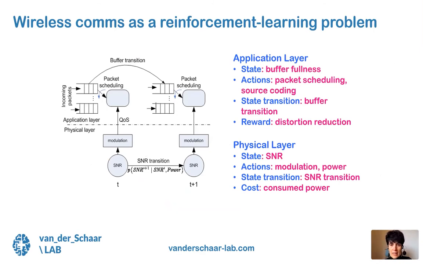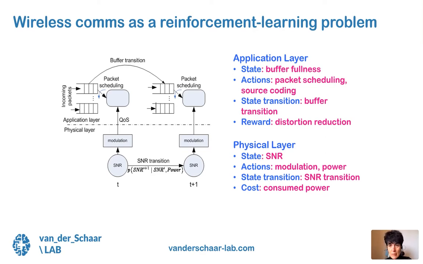Let me consider here the simplest scenario, where I just have the application layer and the physical layer interacting with each other. And indeed, we formalized and solved this in the early 2000s. At the application layer, we have a state which is the buffer fullness, how many packets are in that particular buffer at that particular moment in time.